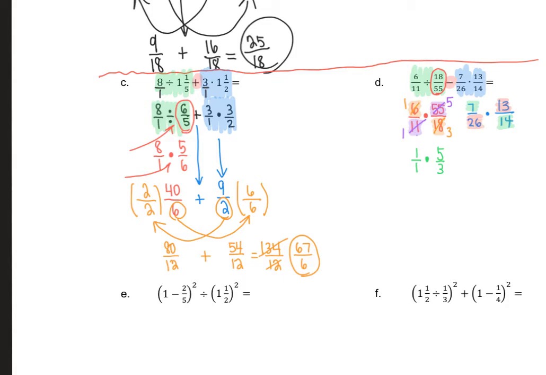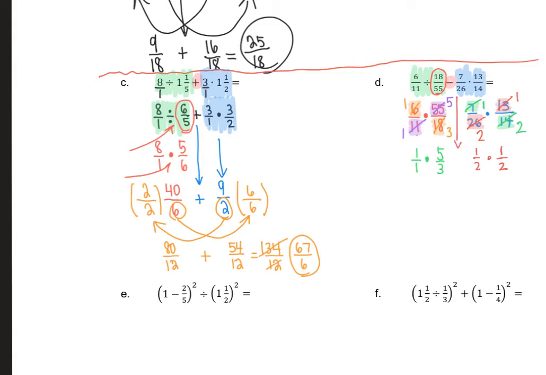So 7 and 14, there's a common factor of 7. So 7 divided by 7 is 1. 14 divided by 7 is 2. If you do the same thing with 13 and 26, 13 divided by 13 is 1. 26 divided by 13 is 2. So if you bring that new problem down, you have 1 over 2 times 1 over 2. So now it becomes a much smaller problem.